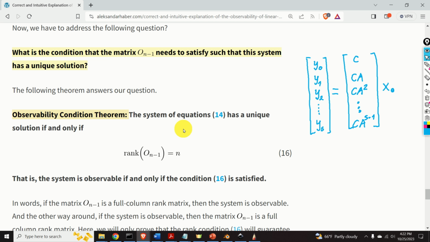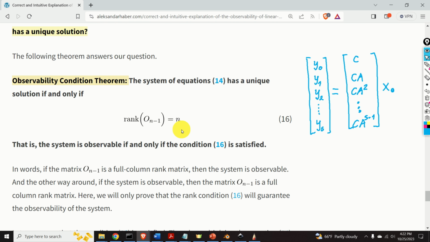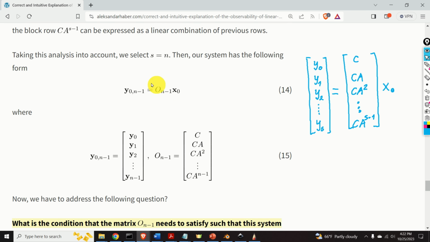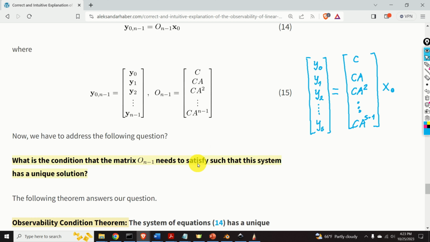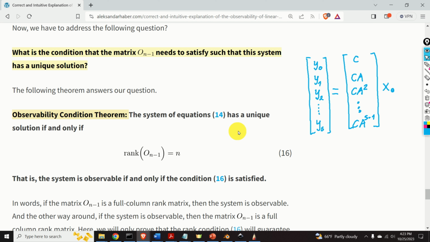This is the observability condition theorem, and this is a classical result in control theory. It goes like this. The system of equations 14, that is, this system of equations with the vector y defined like this and the matrix O_{n-1} defined like this, has a unique solution if and only if the rank of the (n-1)-step observability matrix is equal to the state order, that is, it's equal to n.